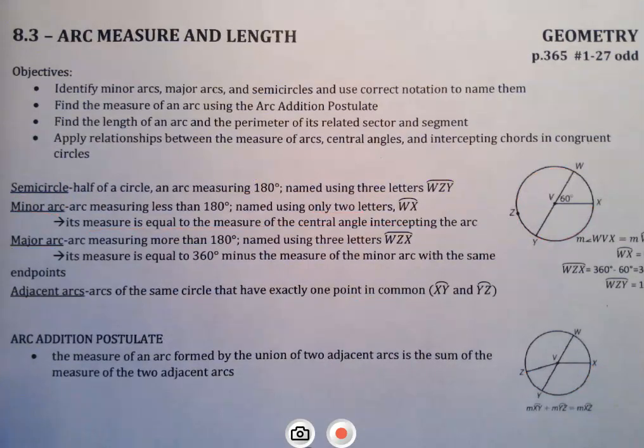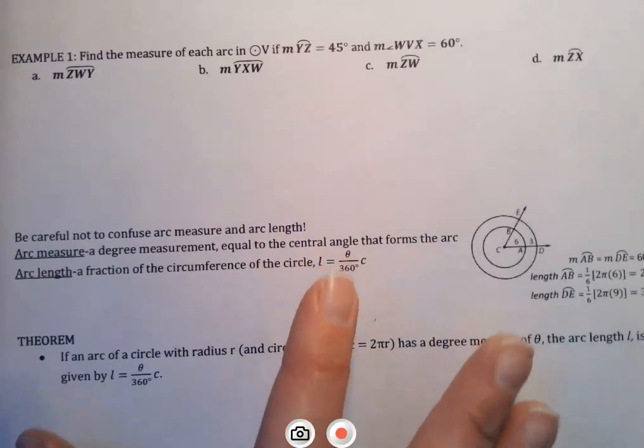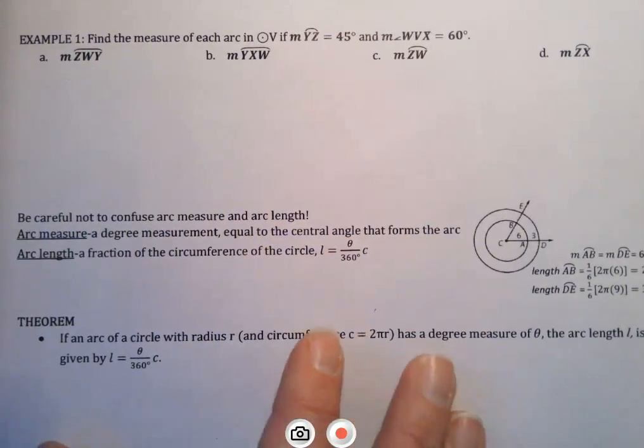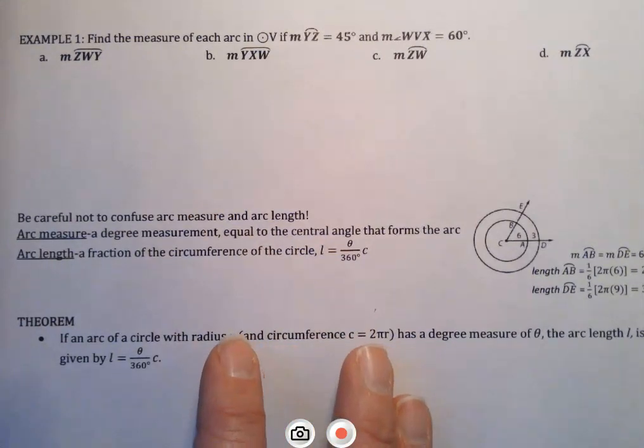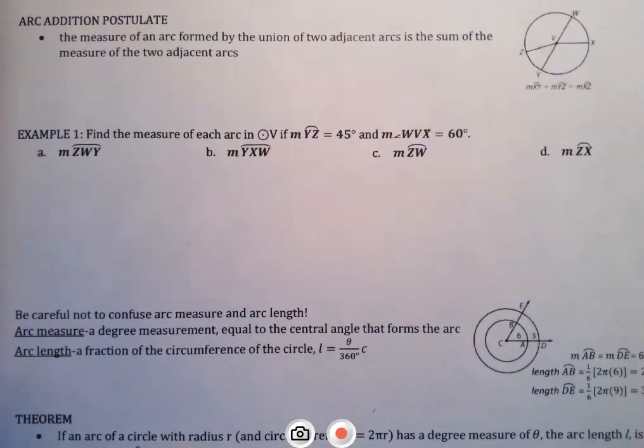Then let's get into our examples. Example 1: find the measure of each arc in circle V. That's the circle up here. The measure of arc YZ is 45 degrees, and the measure of angle WXV is 60 degrees.